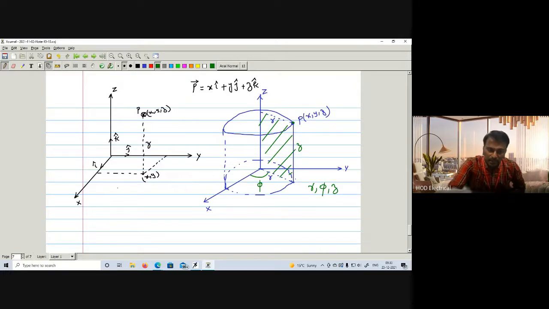In Cartesian coordinate system, x, y, and z. So in this case, this plane will move around this cylinder in 360 degrees.